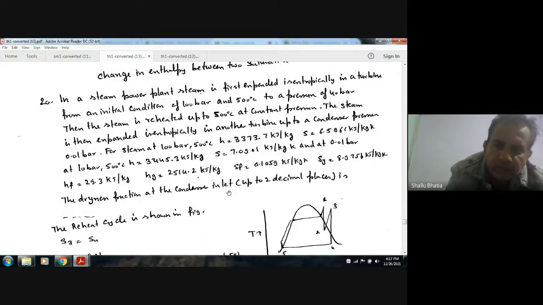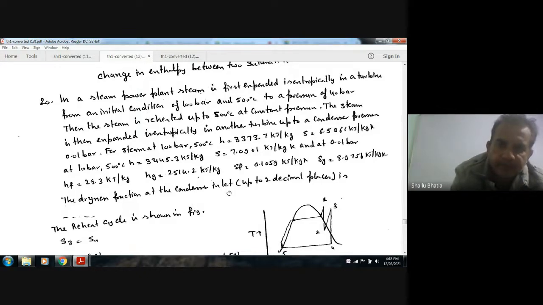is 3373.7 kilojoule per kilogram, S is 6.5966 kilojoule per kilogram per degree Kelvin. At 10 bar, 500 degrees Celsius, H is equal to 3445.3 kilojoule per kilogram, S is 7.0901 kilojoule per kilogram per degree Kelvin.